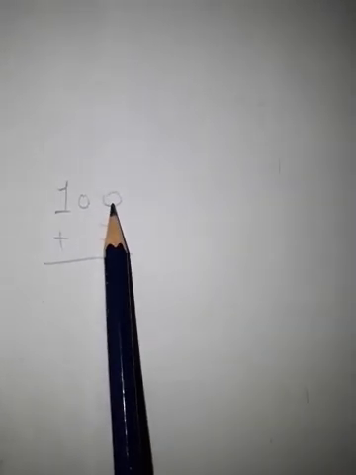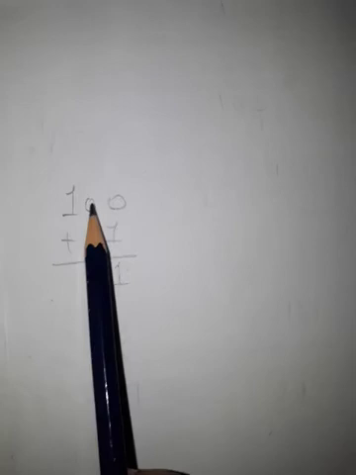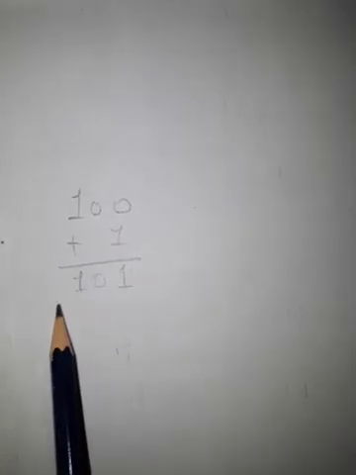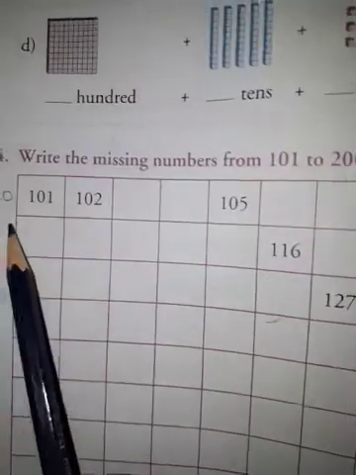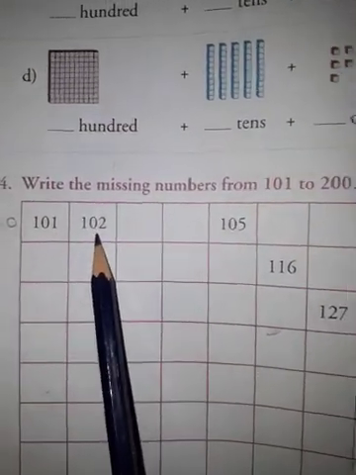This is 100, and you add 1 to 100. 0 plus 1 is 1, and the 0 and 1 are added as they are. So what you get is 101. And then 102: you increase by 1, 1 plus 1 is 2, and you get 102.